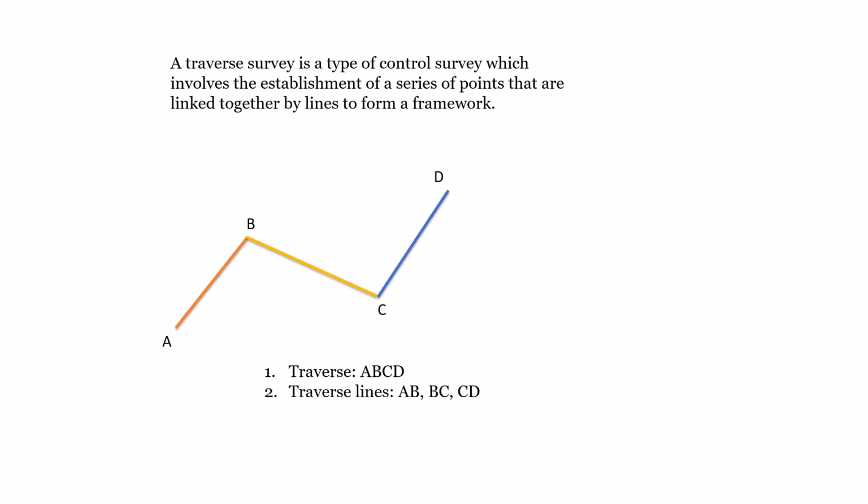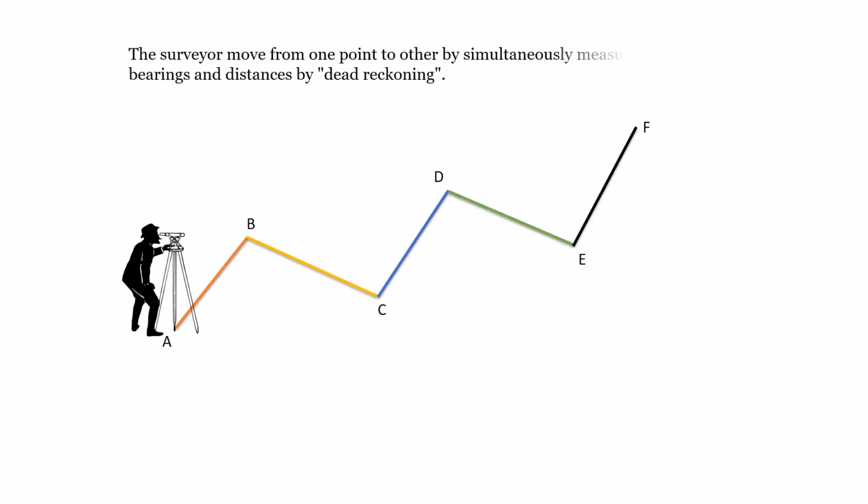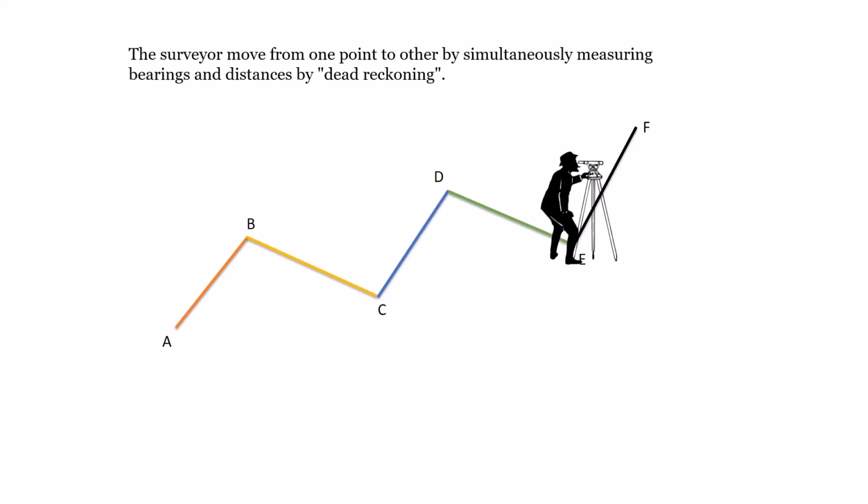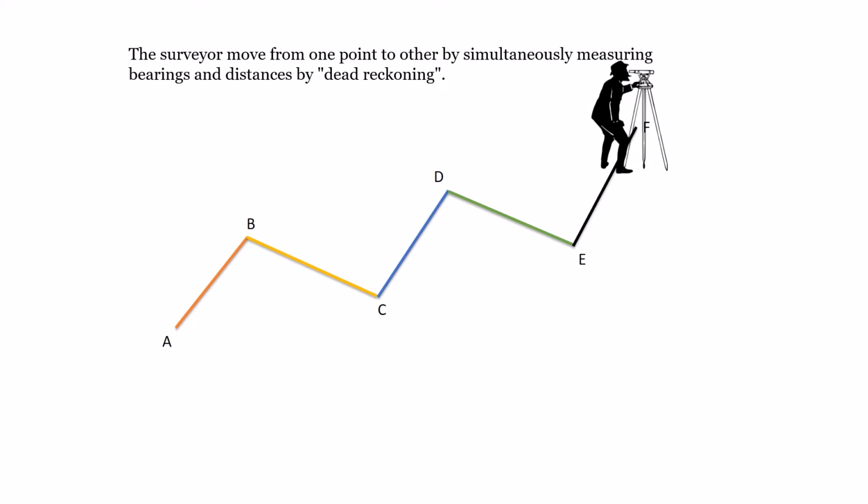In the figure, ABCD forms a traverse, where AB, BC, and CD are traverse lines, and A, B, C, D are the traverse stations. In traversing, the surveyor moves from one point to another by simultaneously measuring bearings and distances by dead reckoning.